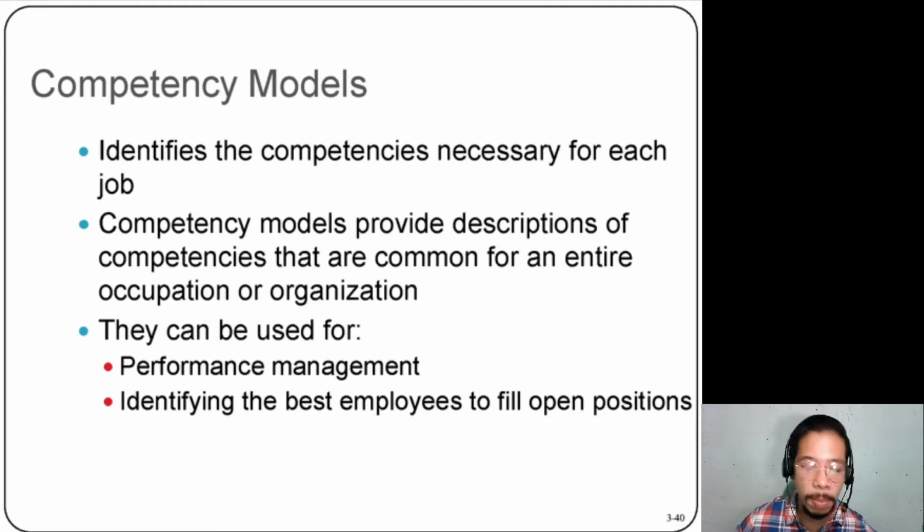And performance management here refers to how can we increase the performance or the efficacy of the employees in our organization, and if the people in the organization are not that performing, how can we increase their performance?